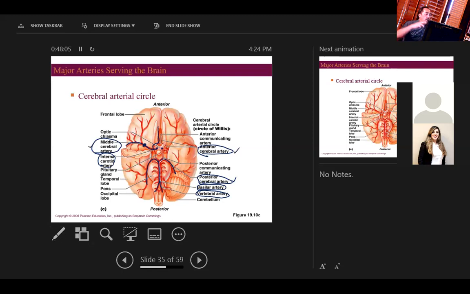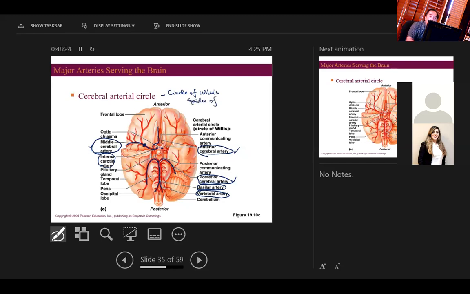Okay, and that's going to anastomose and turn around in order to give oxygenated blood to the brain.